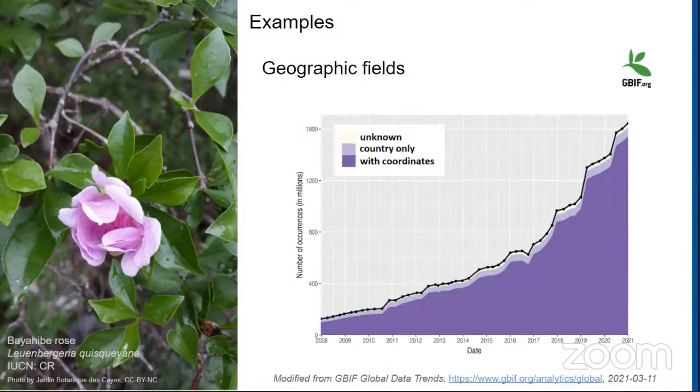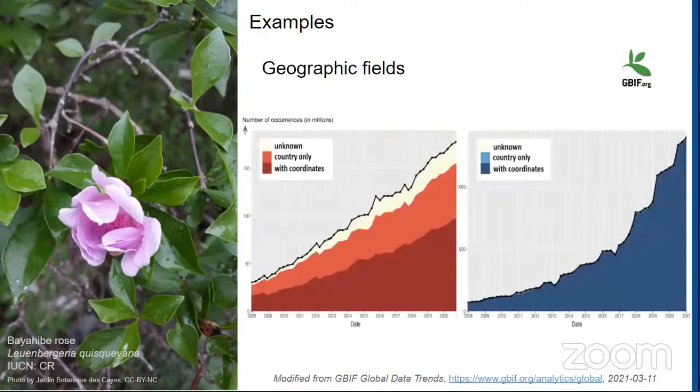Now, if we look into a little more detail and we split this graph into preserved specimens and observations, we see that there are different patterns. On the right are the data for observations, and we see that almost all observations have coordinates.